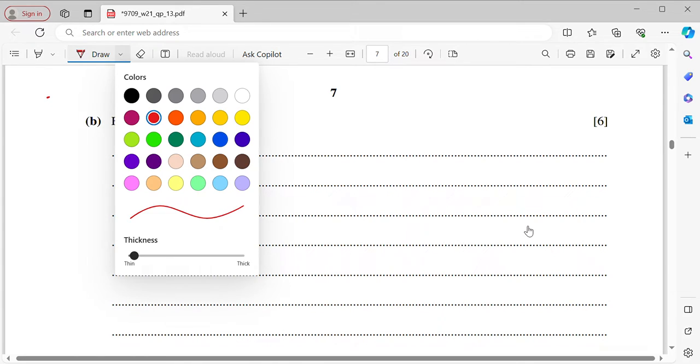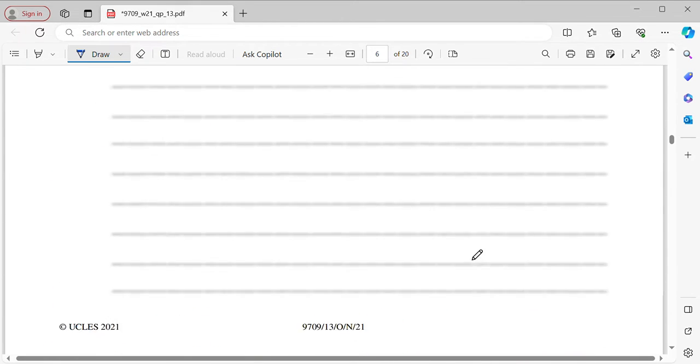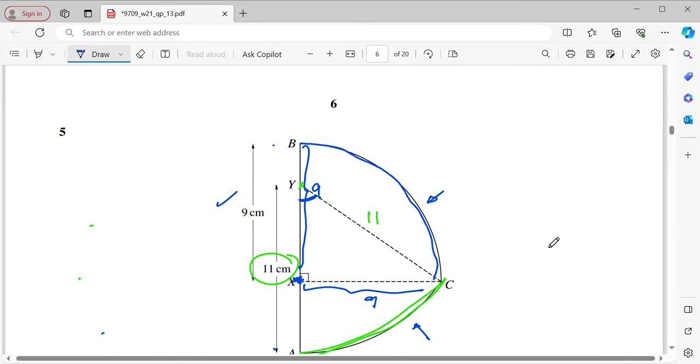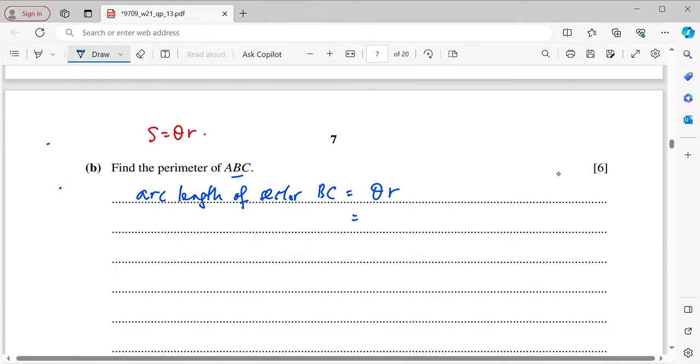So from here I will write arc BC, arc length of sector BC is theta R. So the theta here is 90 degrees and the R is 9. Okay, so pi over 2 times 9. So that is 9 over 2 pi.